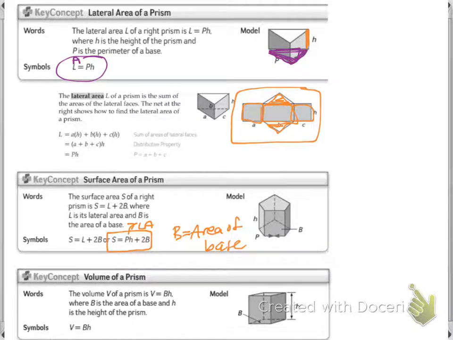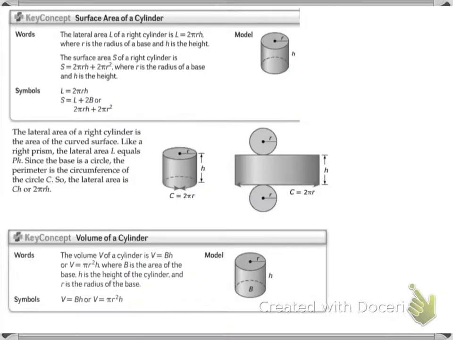You take what you got for your lateral area, and you add in two of your bases. And then we get to volume of a prism, and again we see that capital B, which is the area of the base, and then H is the height. A lot of these things will repeat themselves throughout these formulas.